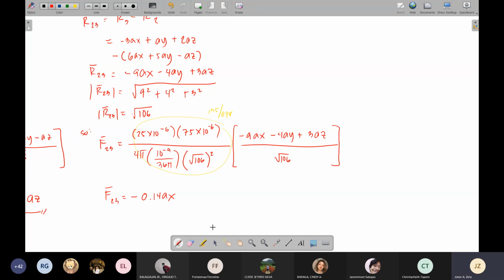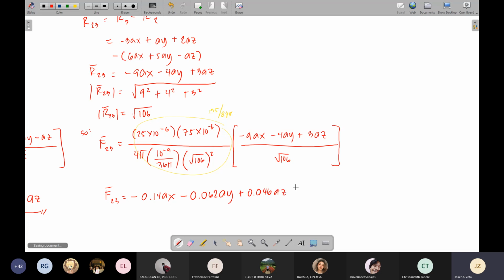We will have negative 0.062 AY. Okay, then lastly for AZ, we have alpha A times 3 divided by square root of 106. 0.046 AZ.